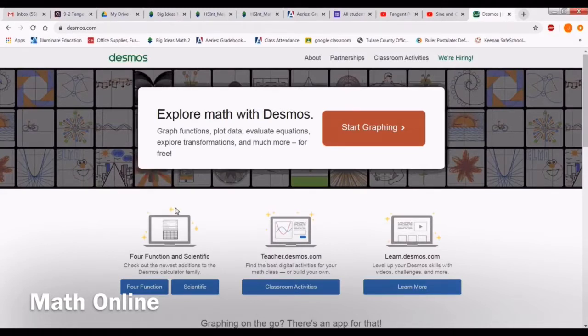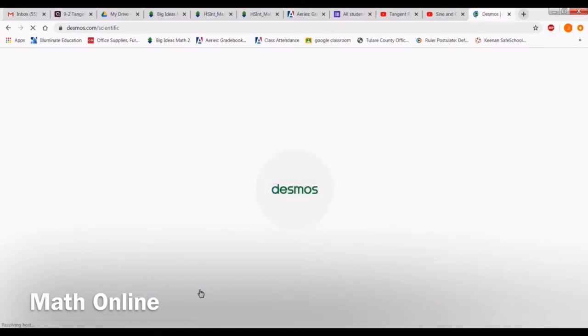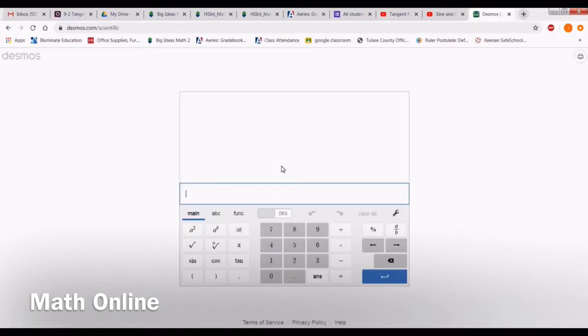Instead of start graphing, you can click on scientific, which gives you a calculator to use, and it has all the functions. Notice that it already says degrees. If you click in here, it changes to radian, but you don't want radian, so I'm going to leave it in degrees.